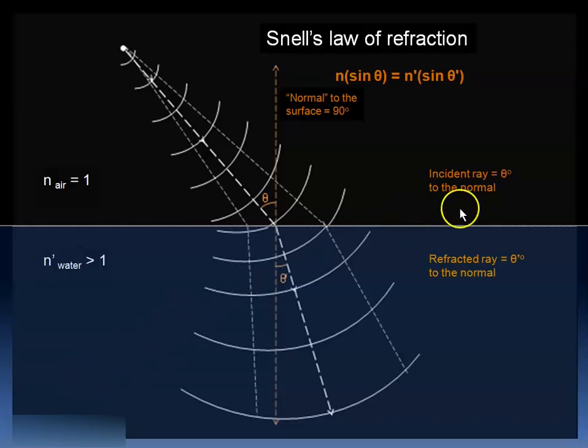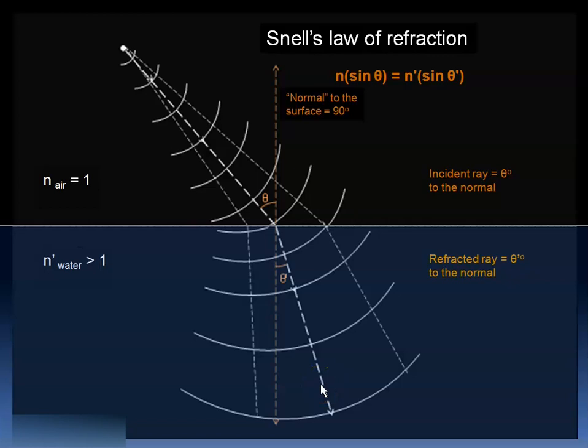Notice that in the previous slide, where light was originating in air and entering the water, the direction of light was being bent towards the normal. In other words, becoming more vertical. This is characteristic when moving to a higher index of refraction.